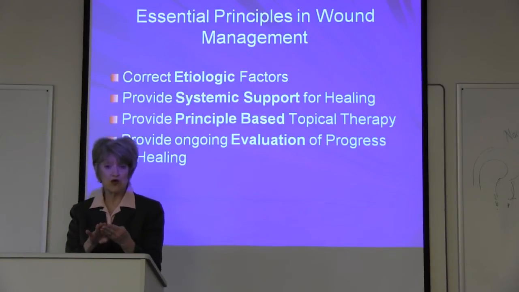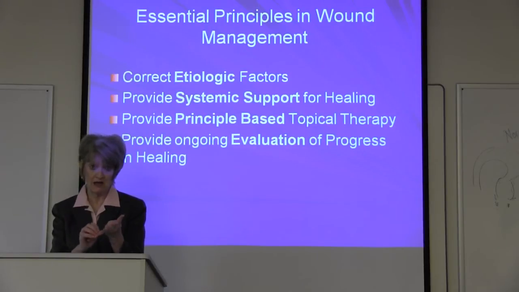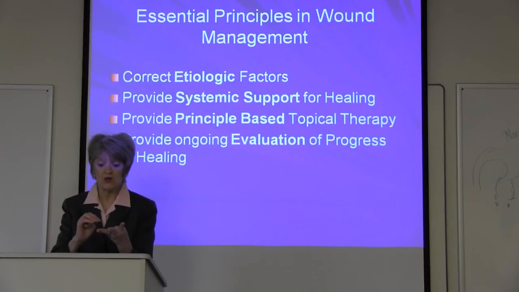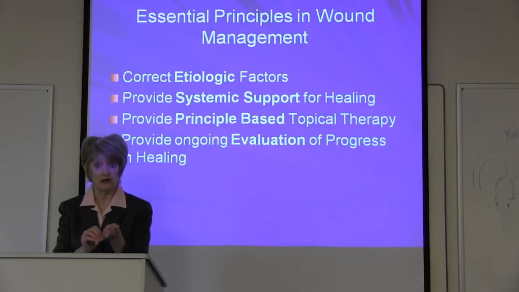So throughout this course, we're going to talk about assessing the wound to determine etiologic factors and then strategies to address those. We're going to talk about the systemic factors that are important in wound healing and how to control those.